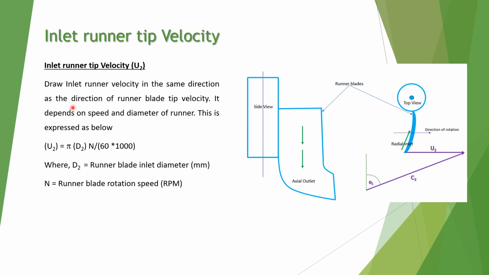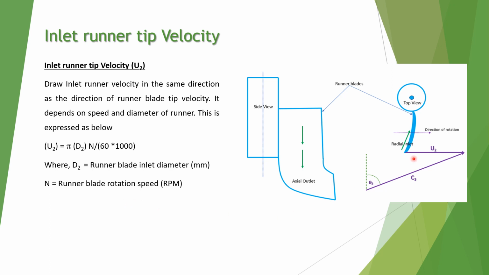Now the inlet runner blade velocity U2. Draw the inlet runner velocity in the same direction as the direction of runner blade velocity, and it depends on the speed and diameter of the runner, and it is expressed as U2 is equal to pi d2 n upon 60 into 1000, where d2 is the runner blade inlet diameter in millimeter and n is the runner blade speed in rpm.